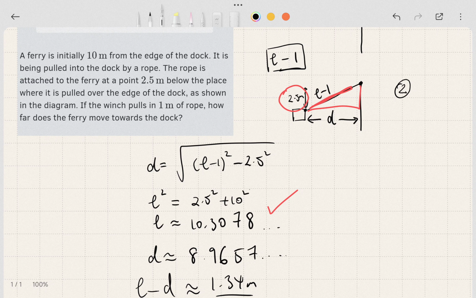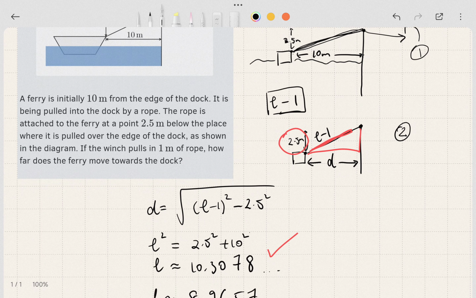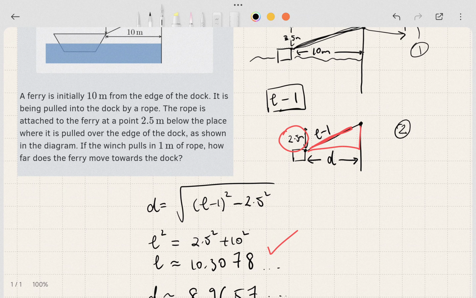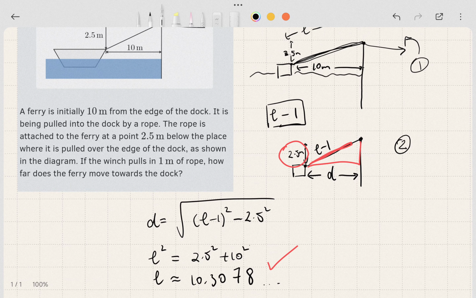So we want to find L. L is just the square root of 2.5 squared plus 100. That gives 10.3078-ish. Yes, that's correct. Now what we need to do is take the square root of L minus 1, which is the answer, minus 1 squared minus 2.5 squared.